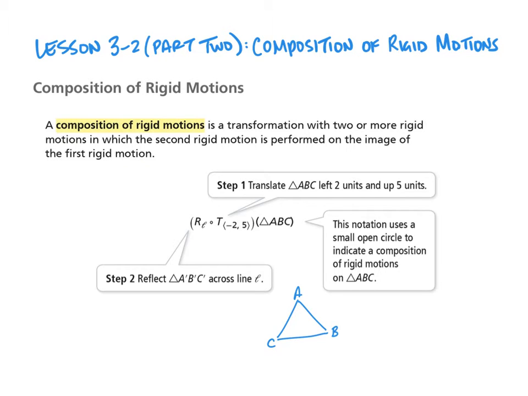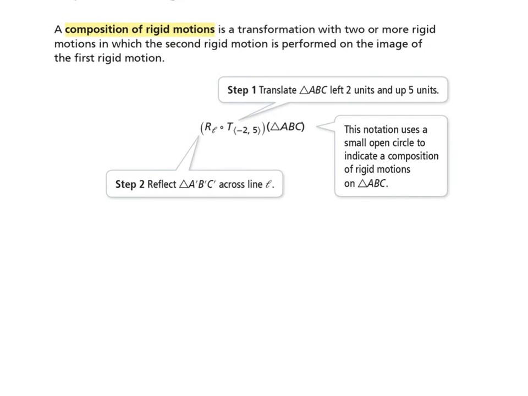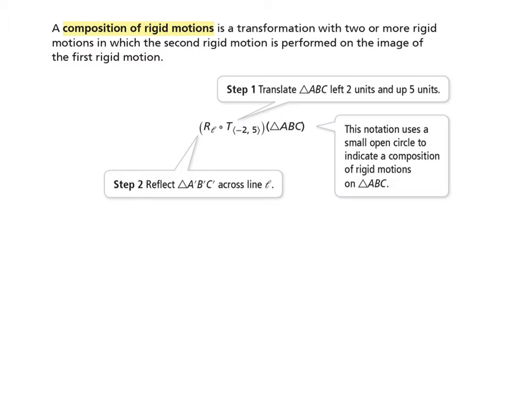So I maybe should have done this in a different spot. Let me do that over again. Let me get rid of this and move this up a little bit. Here we go. Now I have more space. So let's say we have triangle ABC here, and now we're going to take all of these points, these corners, and move them 2 units to the left and 5 units up.